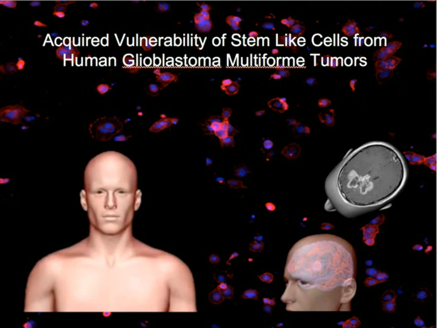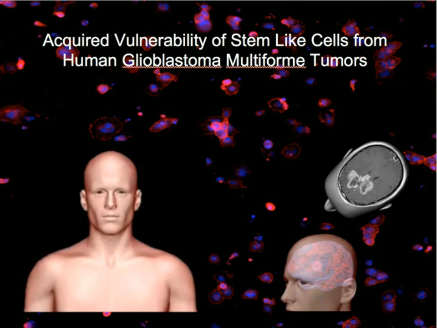So this is a project that we performed on stem-like cells isolated from human glioblastoma multiforme tumors. Glioblastoma is one of the most devastating diseases with a very short median lifespan of around 15 months, even with chemotherapy and radiation. So the aim of this project was to identify cellular phenotypes that are enriched in these stem-like cells from glioblastoma multiforme, and that these features are not necessarily associated with its oncogenic transformation.